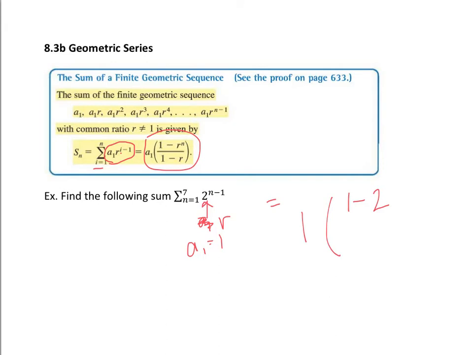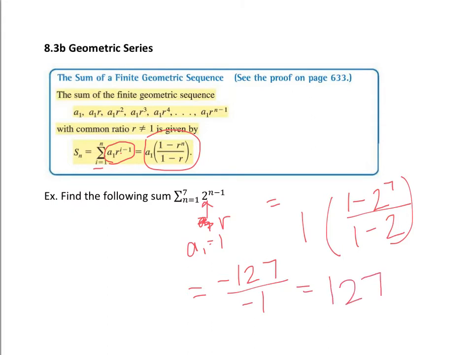How many terms am I trying to add up? 7 over 1 minus 2. So 1 minus 2 to the 7th is negative 127 over negative 1 equals positive 127.